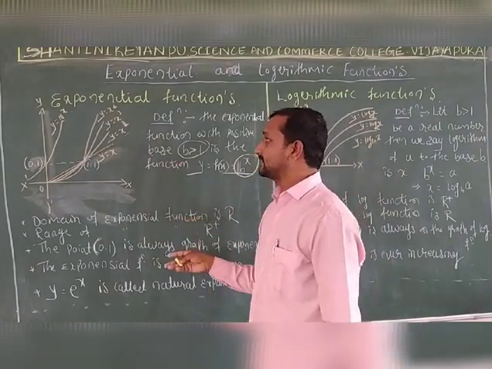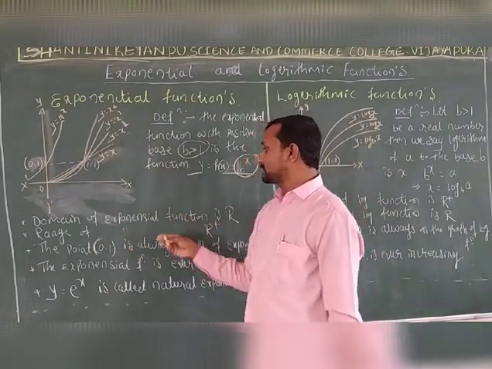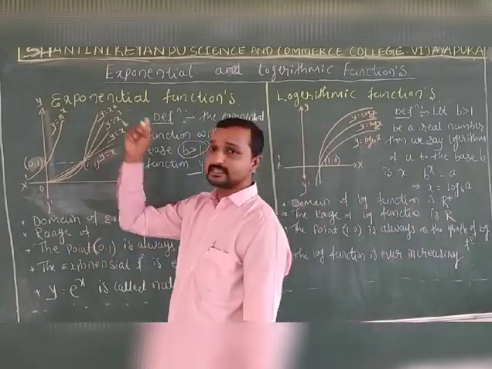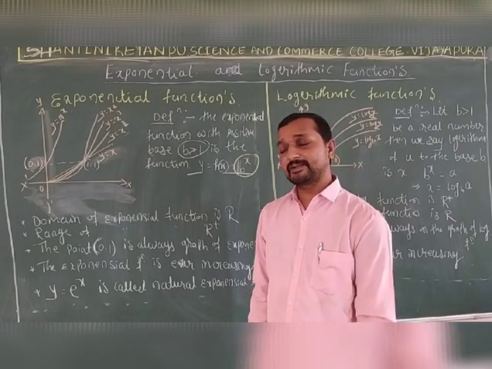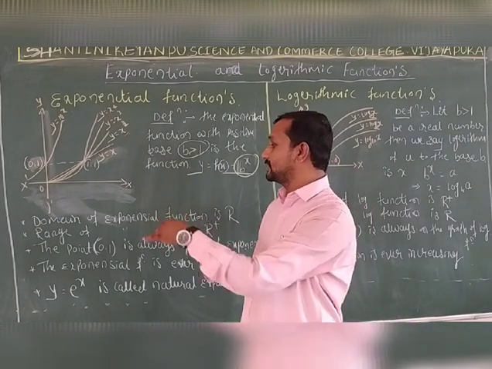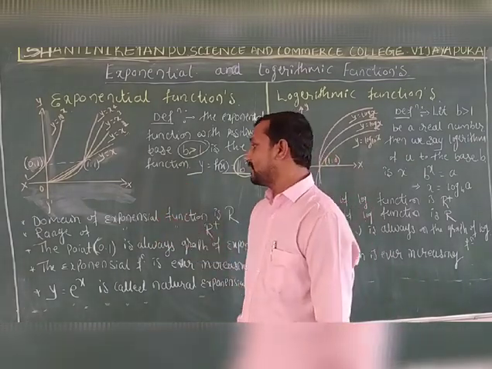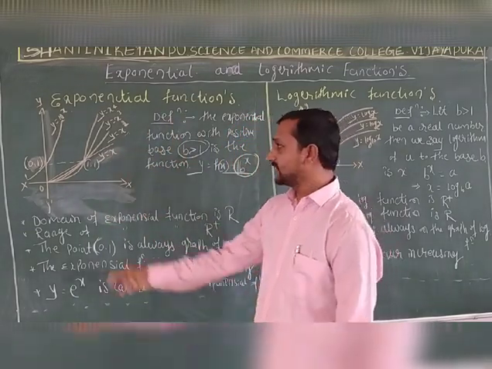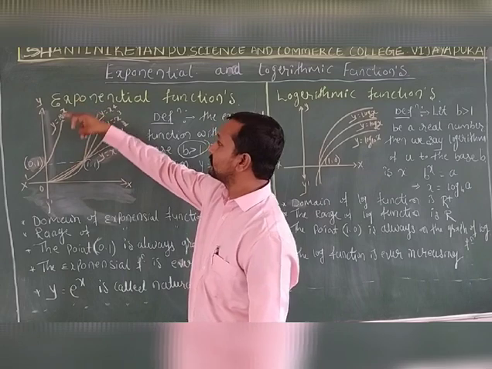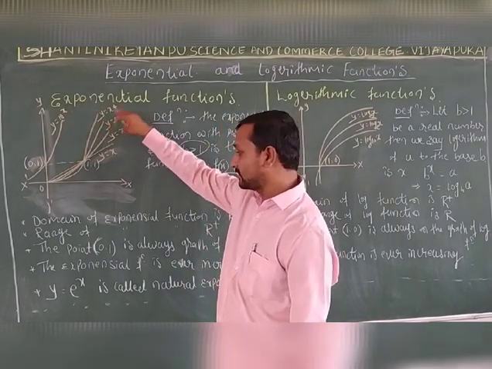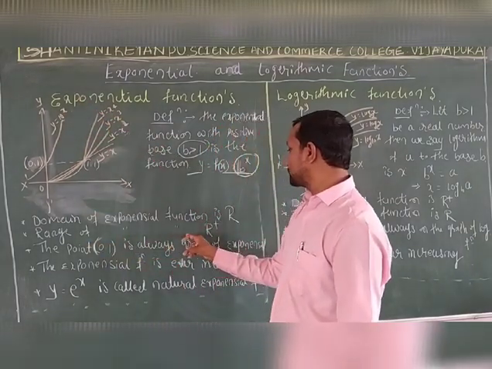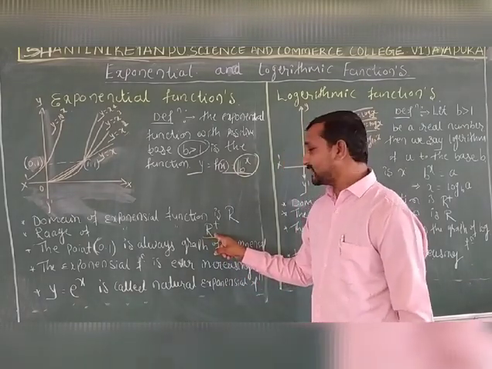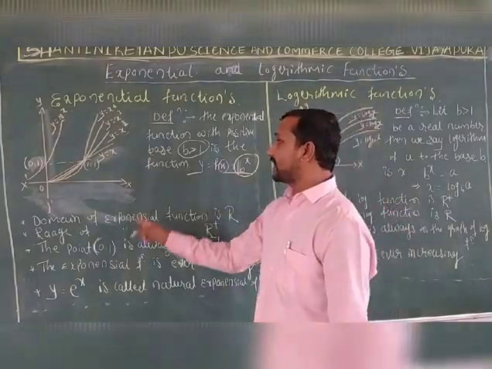So from the graph we can see that the domain of the exponential function is the real numbers. That means the input of the exponential function is always a real number, and the range of the exponential function is the positive real numbers. The range should be R plus, which is nothing but the positive real numbers.